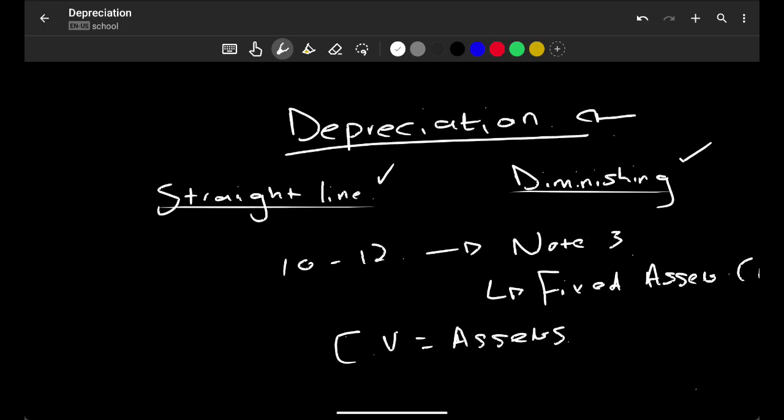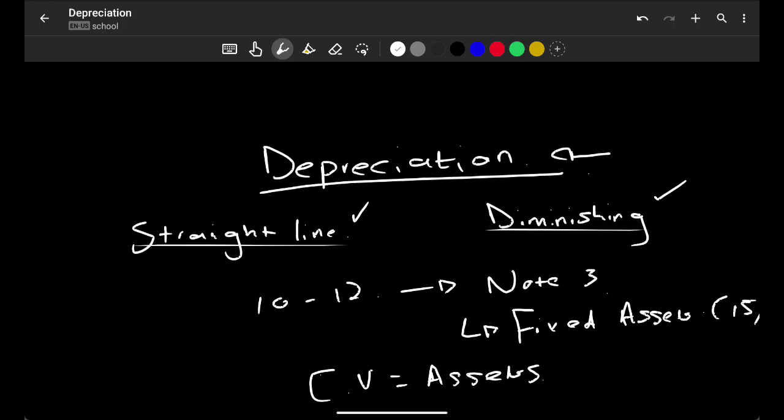So going into this, you first have to understand what account depreciation is, right? Depreciation is a negative asset, meaning that it decreases your assets, which I'll go into in a second.